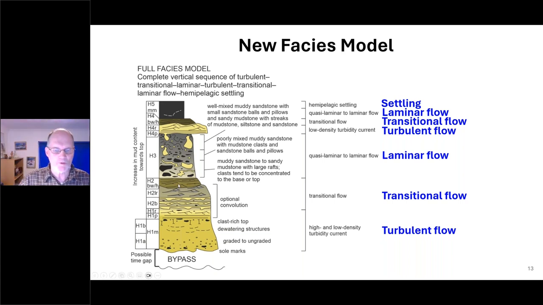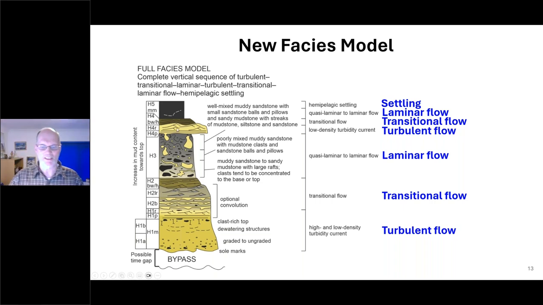In H2, the flow changes from turbulent to transitional due to a higher cohesive clay content, and that's evidenced by the presence of banded and heterolithic facies and also large ripples and low amplitude bed waves. And this shows the greater influence of cohesive forces. And that process culminated in the chaotically mixed sandstone and mudstones formed by debris flows in the H3 division.